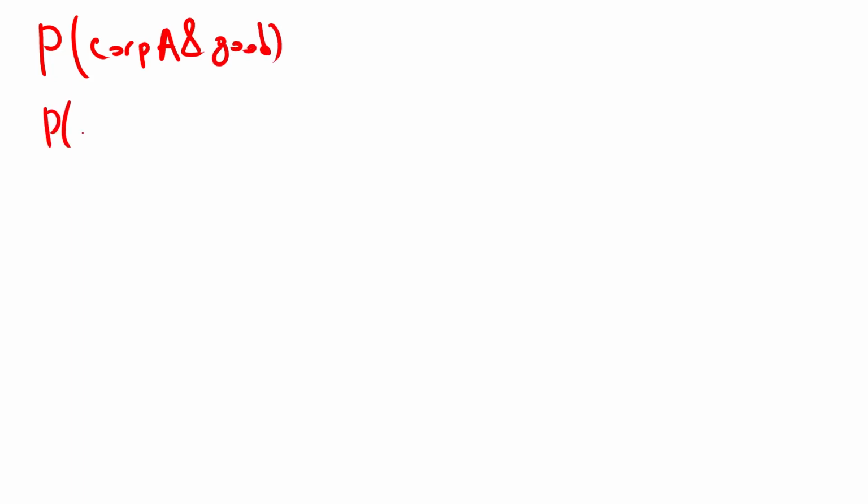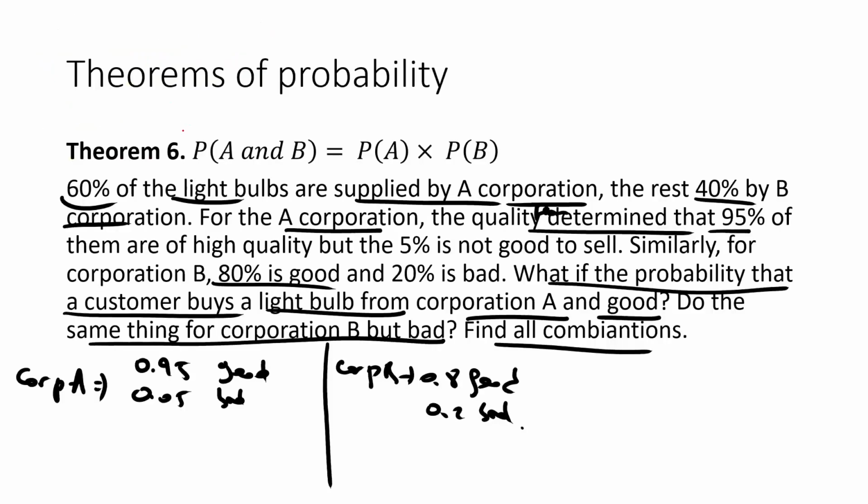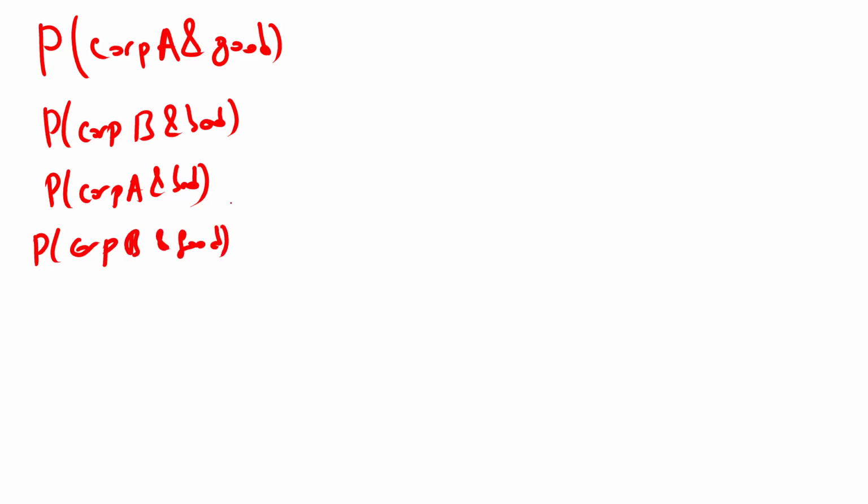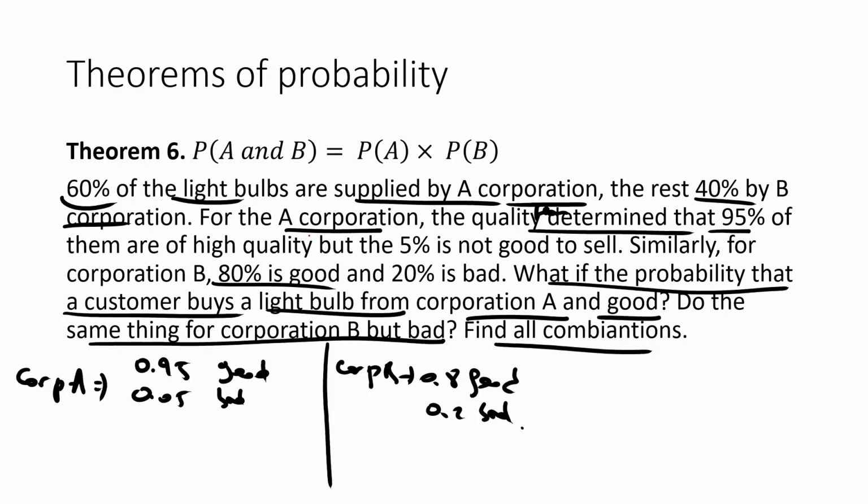And then we want the probability that it is from corporation B and bad. And it asks for all the possibilities, corporation A and bad, corporation B and good. And then these are independent events.